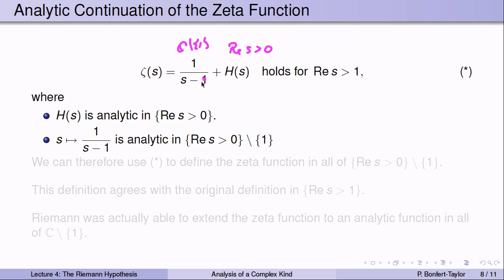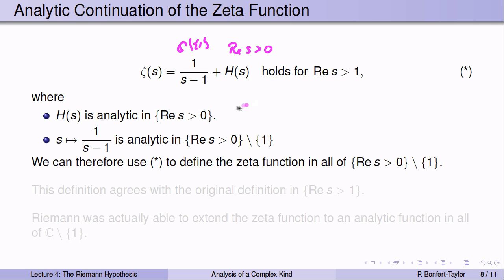We can therefore use the right-hand side to define the zeta function in all of the right half plane except for the point 1. And that definition agrees with the original definition for real part of s greater than 1 because we have this equality. But now we can define the zeta function in the entire right half plane except at the point 1.